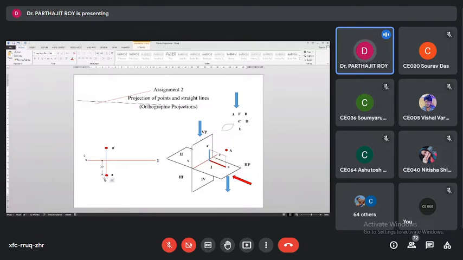Similarly, following the same process, we show the distance of the point A dash also from the reference line. What will be this distance? 20.